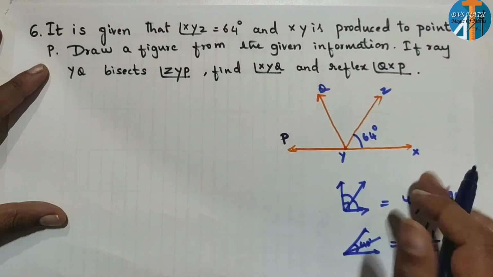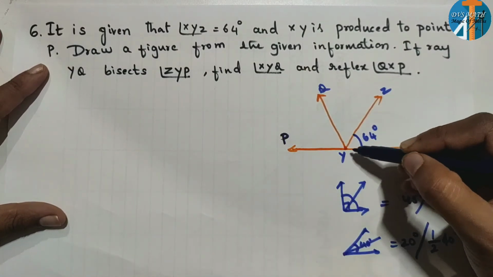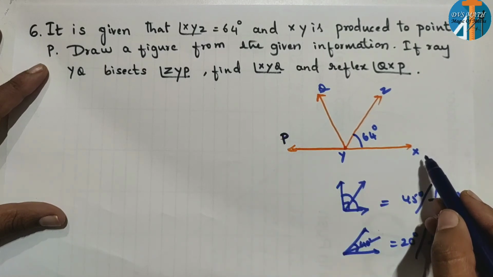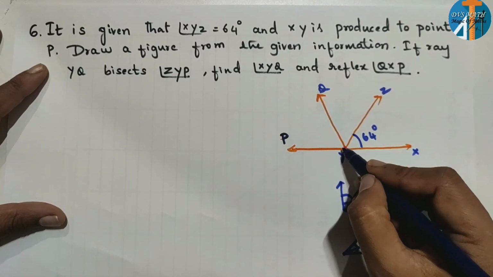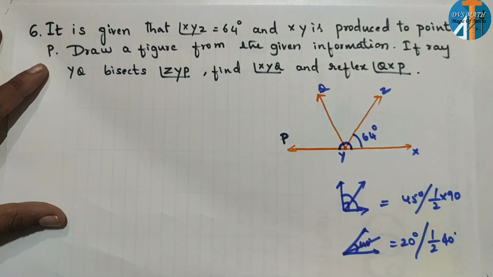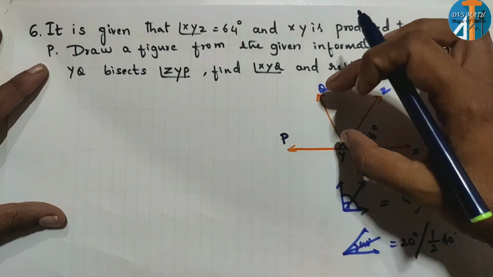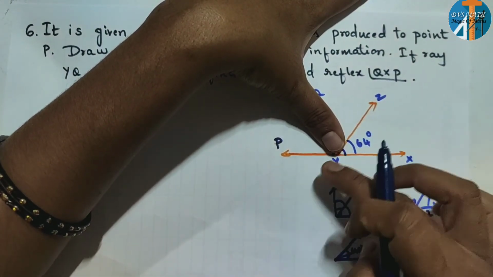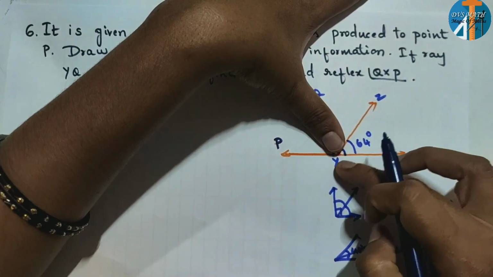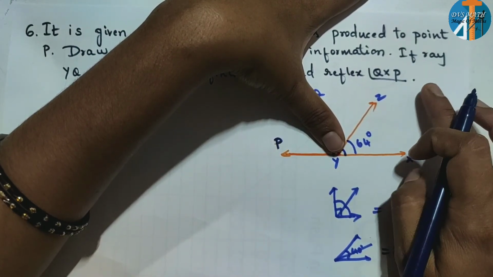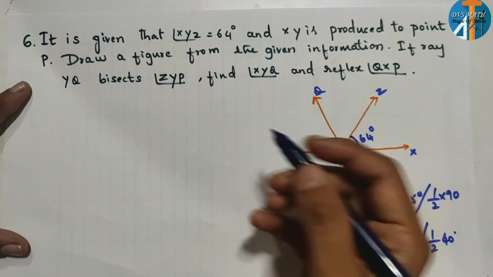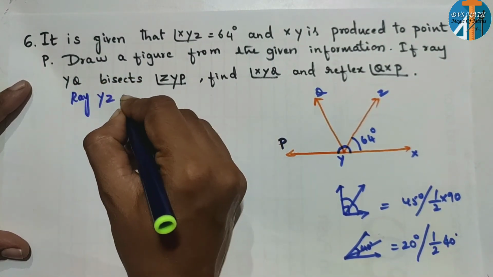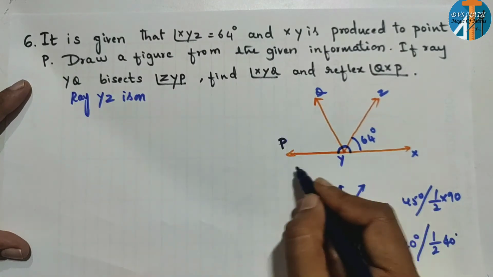First, let us observe the figure. Here, if you observe, XYP is a straight line, right? If we take the whole angle, what is the total angle? 180 degree without the bisector. Imagine you don't have the bisector, you only have one ray on the line. Which ray is it? YZ. Observe carefully, ray YZ is on PX.